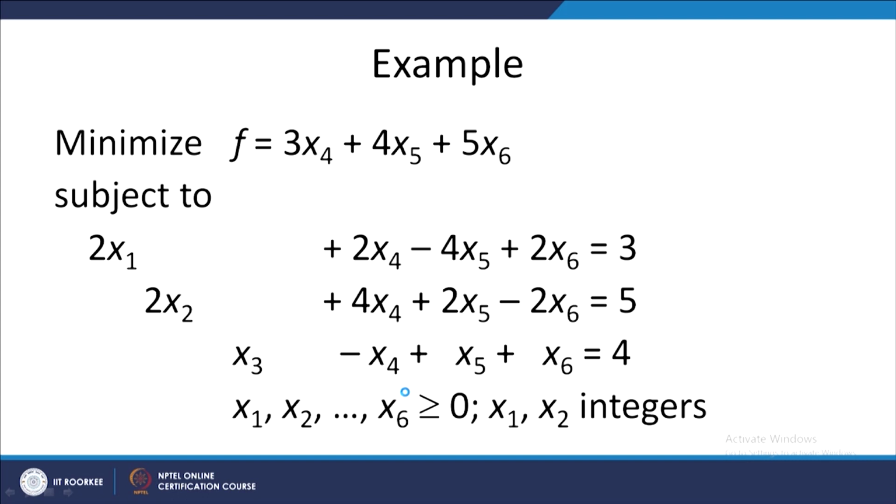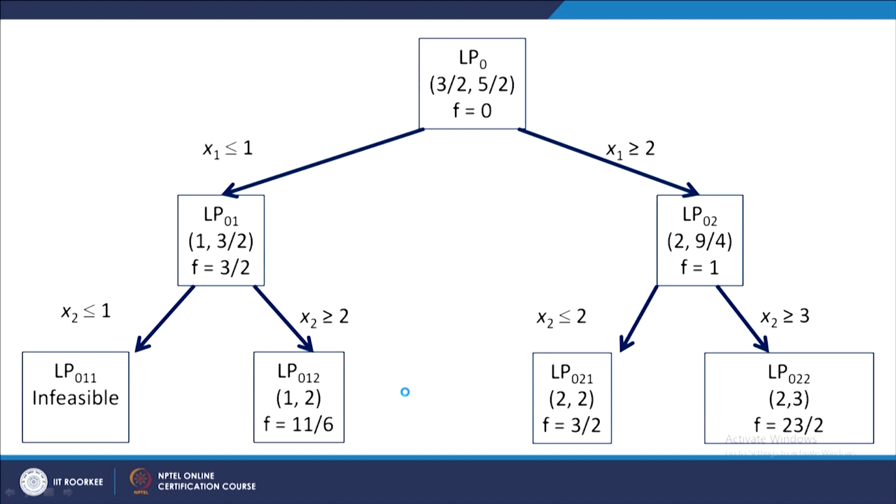Now let us take another example, minimize f given by 3x4 plus 4x5 plus 5x6 subject to these conditions. Here we have again the structure of the bifurcations of the new LPs that we get, and this is the solution shown in this diagram.